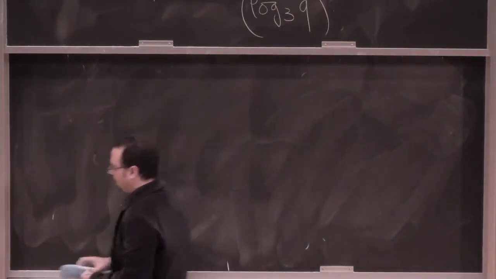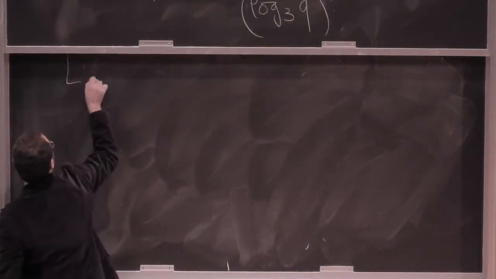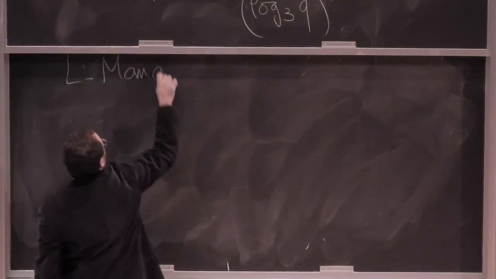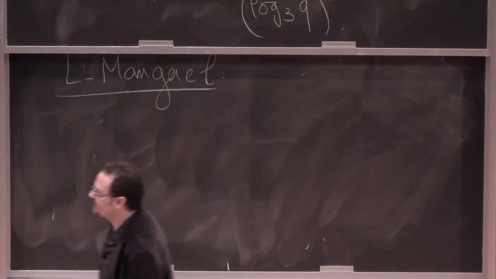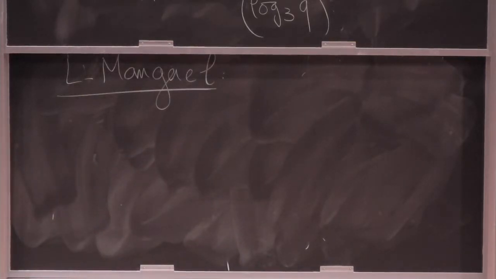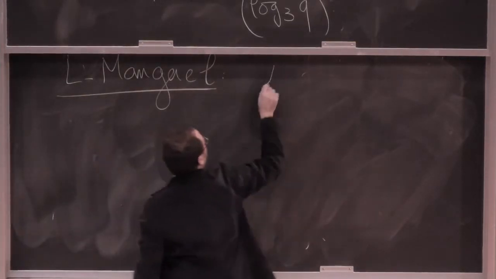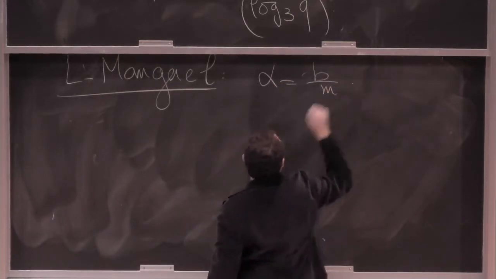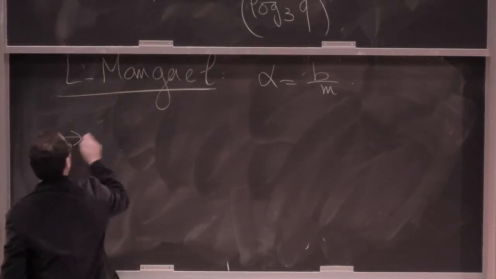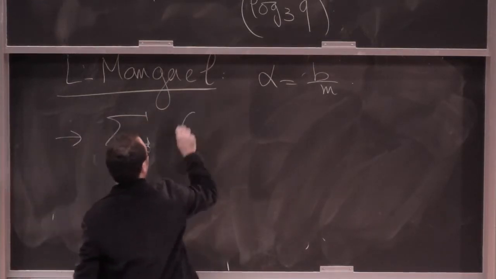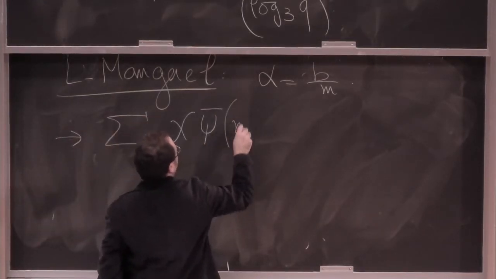Okay? So with Mondrian, what we do is very different. We start by taking a choice of alpha to be exactly the irrational that you want. And this brings this long exponential sum to a long multiplicative sum, right?